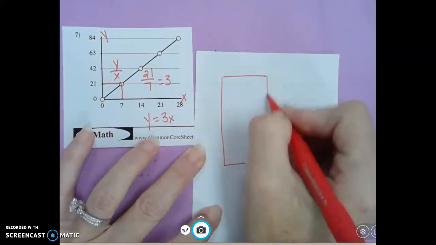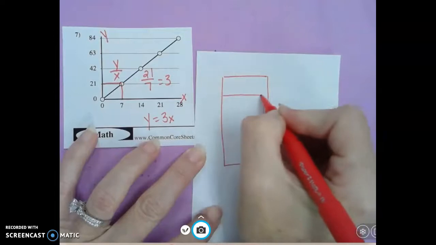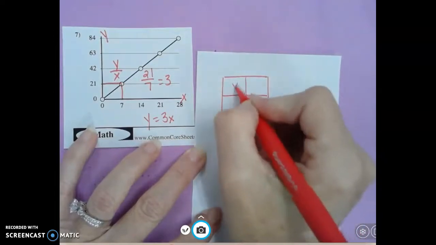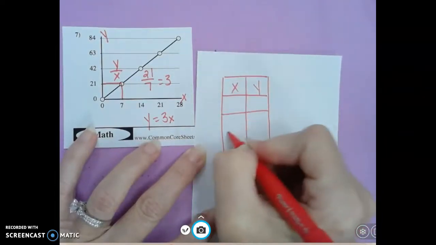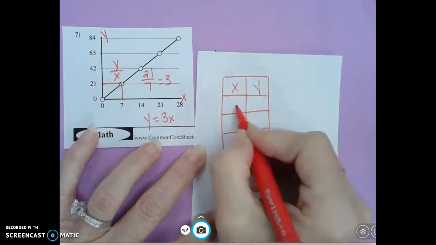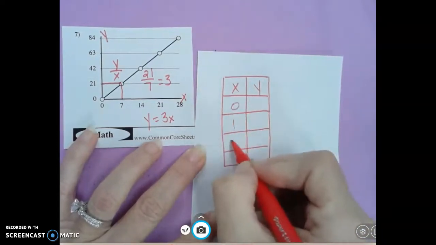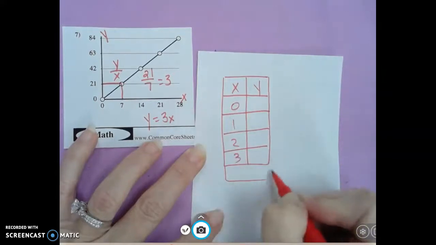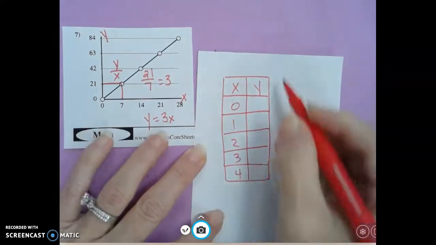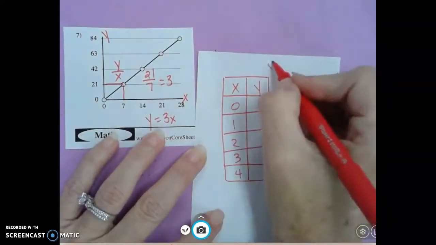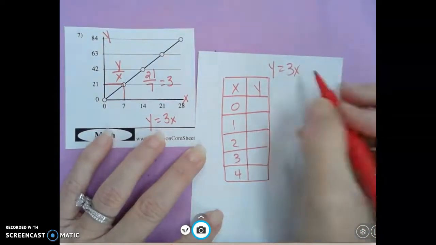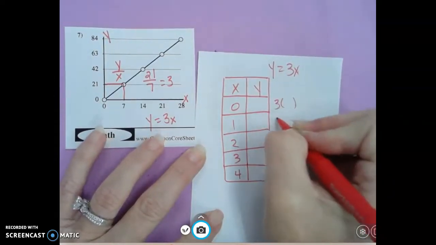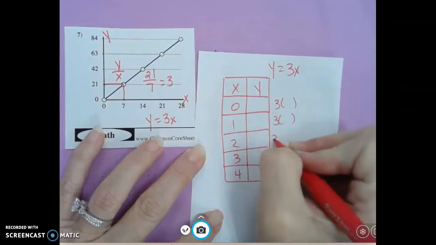So if you made a table, remember sometimes our tables are horizontal, sometimes they're vertical. If I want to start with 0, 0, 1, 2, 3, let's go one more. If I go back to my formula of y equals 3x, I know that I'm going to have to take 3 and multiply it by whatever x is every time.